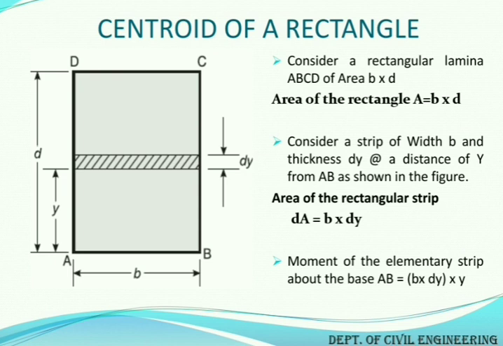Now AB is the reference axis about which we are going to locate the centroid of this figure. As the axis AB is horizontal, we will need to find y bar in this case. If you want to try, you can take the axis as AD; in that case you will need to find x bar.